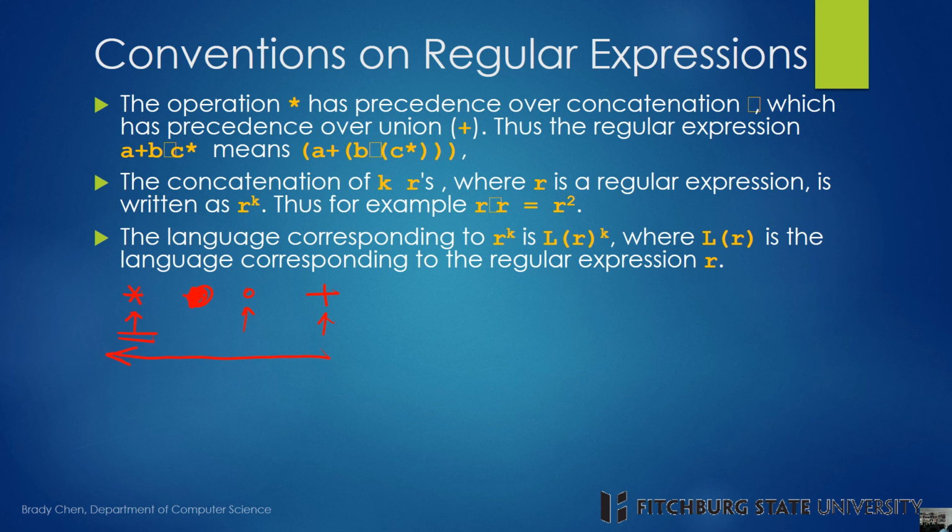So if we have any regular expression like A plus B concatenated with C star, based on the conventions, we're going to evaluate C star first, then the concatenation, and last we evaluate the plus.